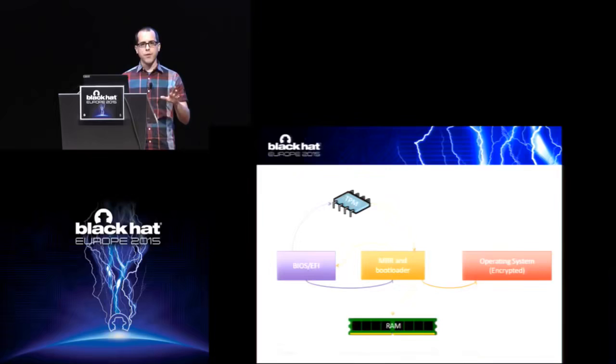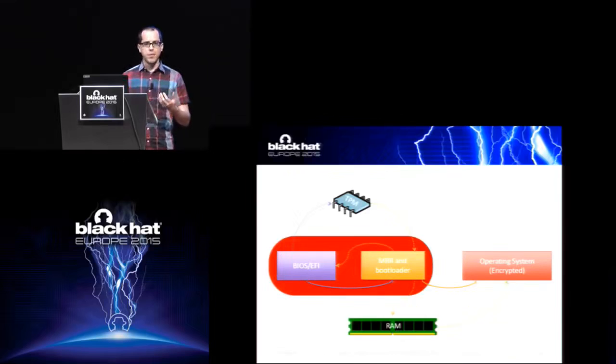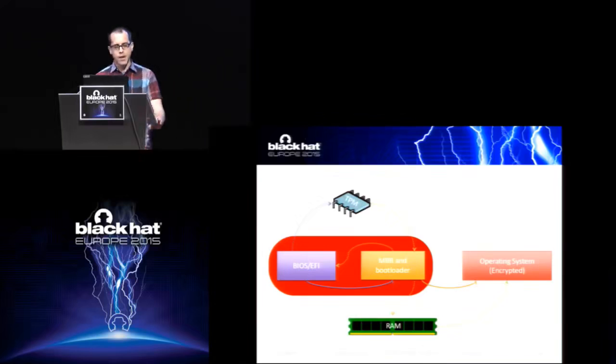So in this picture, if you're interested in attacking full disk encryption, there are three different boxes that I think of that you could potentially attack. One is the early stages of the boot process, either the BIOS or the EFI or one of these early parts of the boot system. There are potentially bugs in there where you could cause it to do something it's not meant to do. If the platform isn't set up to require signed firmware, you could put your own firmware on there and do something malicious.